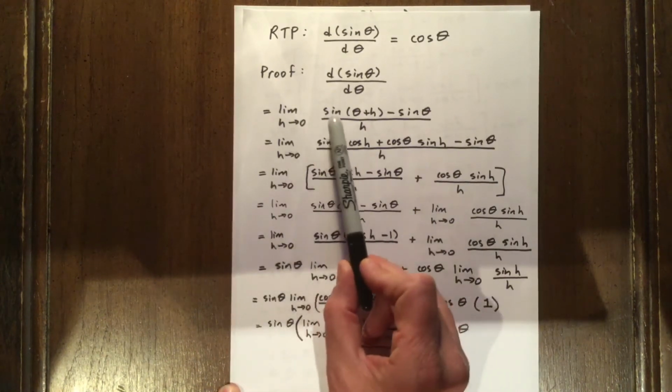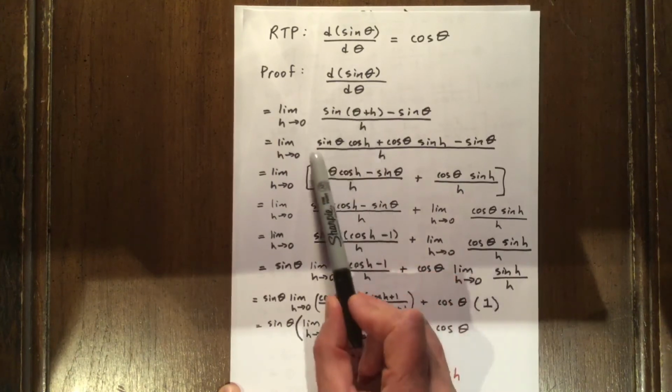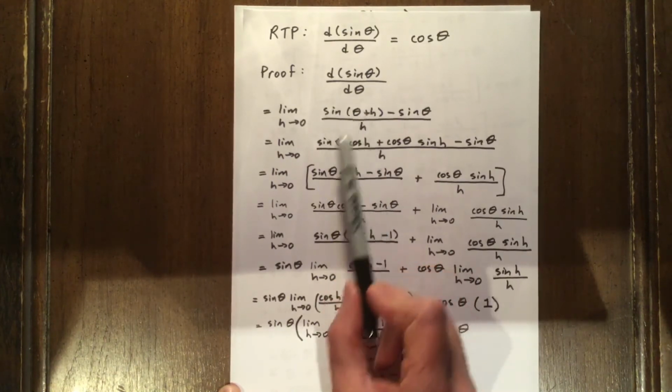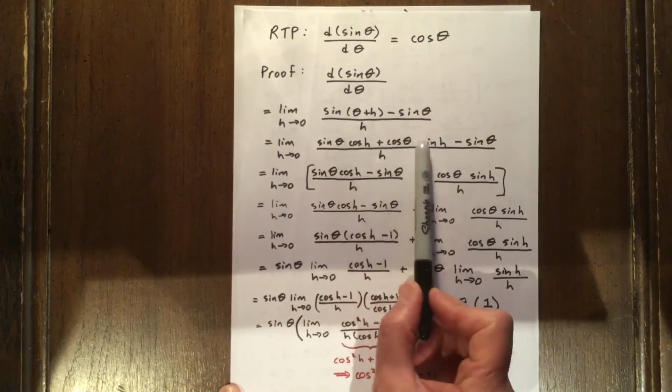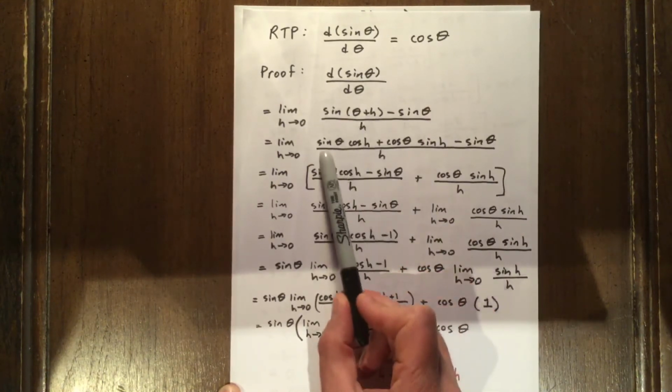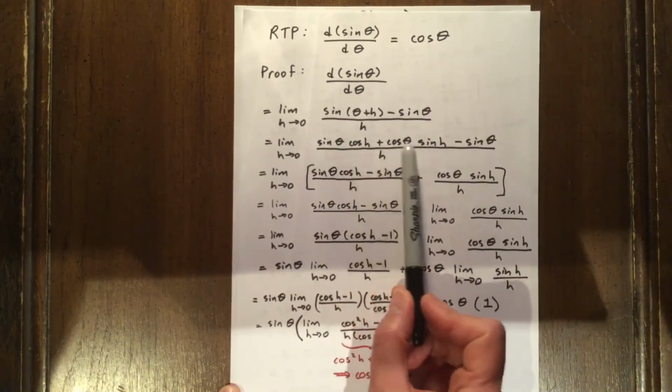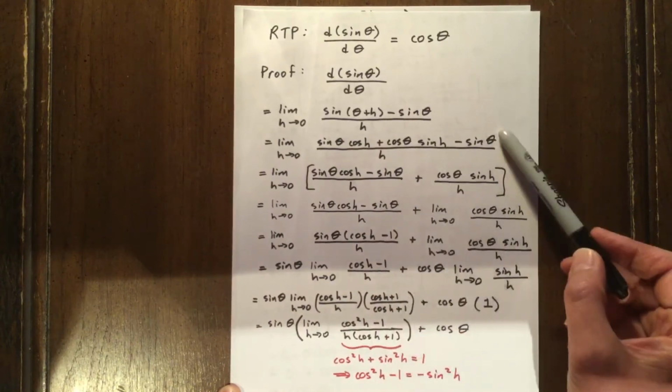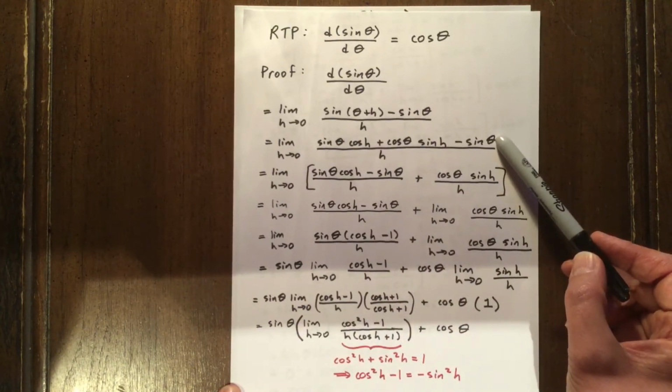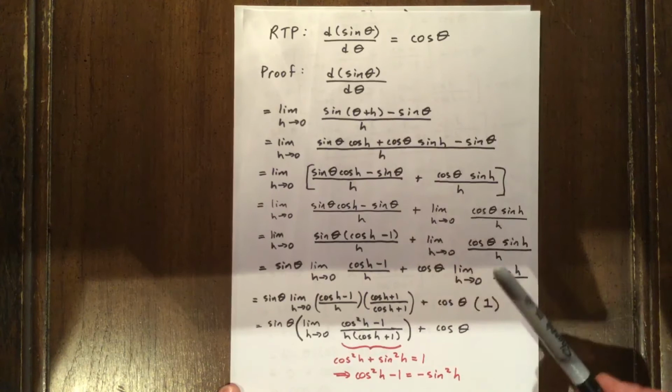And we learned in advanced functions a compound angle formula. The sine of a plus b is sine a cos b plus cos a sine b. So the sine of theta plus h is sine theta cos h plus cos theta sine h. And we still have this minus sine theta over here, all over h.